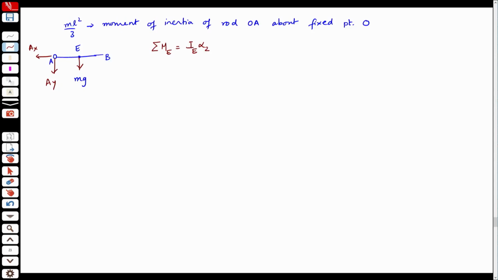So, I could say sigma M_E equal to I_E alpha 2, this is perfectly valid, okay. And from my sigma Fx and sigma Fy I get Ax equal to 0, because there is no radial acceleration, because omega 2 is 0 at this instant.